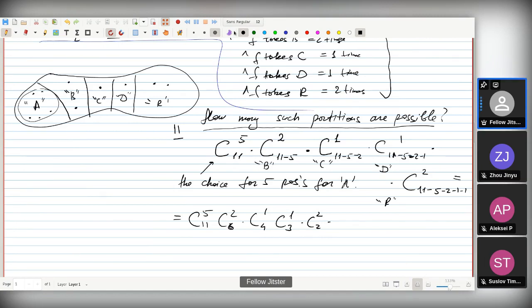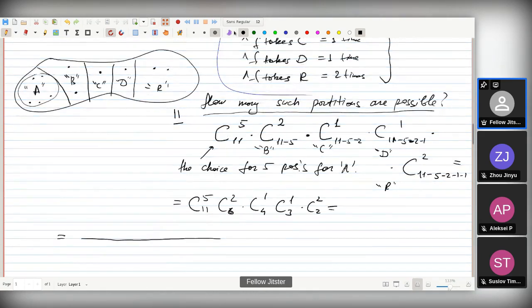Aha! And now let us rewrite it in factorial form. You know, n choose k equals n factorial over n minus k factorial times k factorial. So what would we obtain? 11 factorial over 6 factorial, 5 factorial, and 6 factorial.